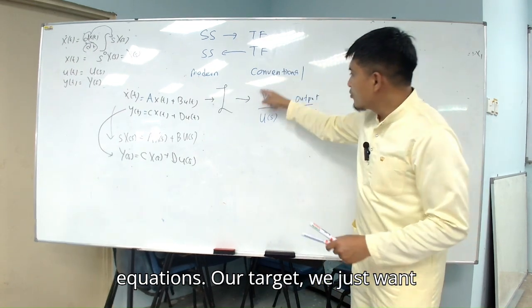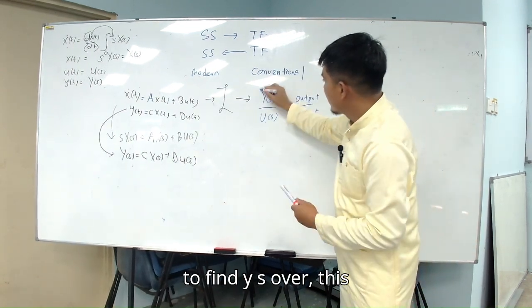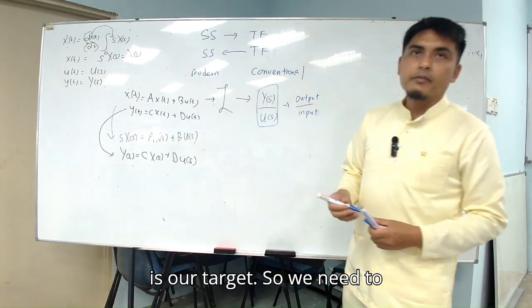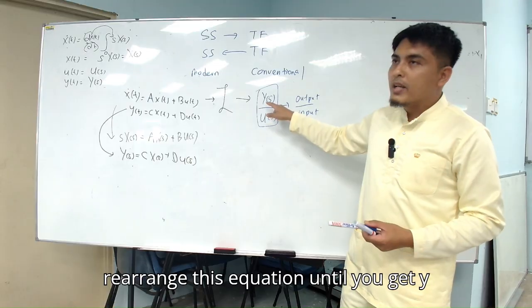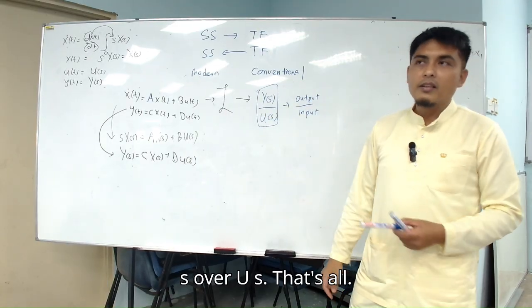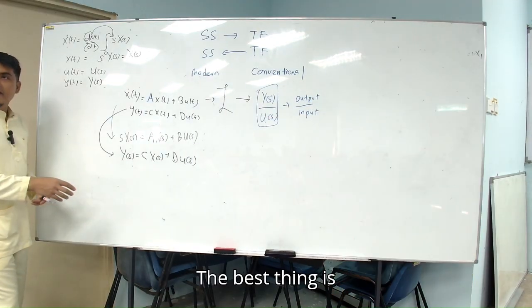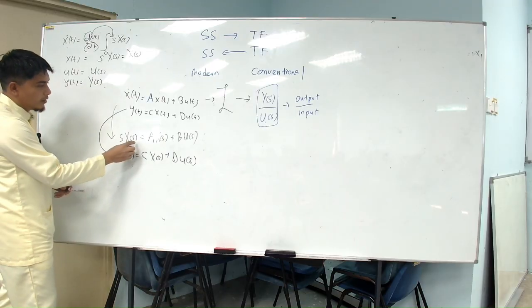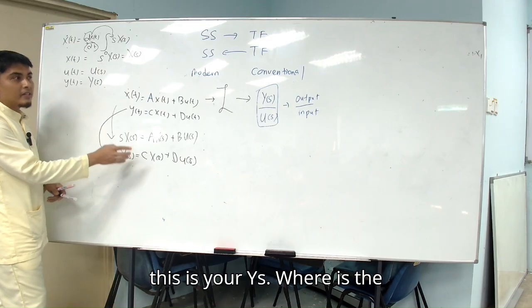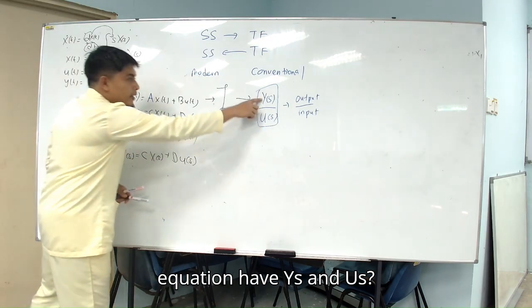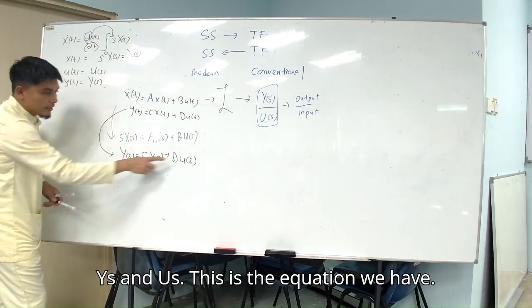Our target, we just want to find Y(s) over U(s). So we need to rearrange this equation until you get Y(s) over U(s). That's all. The best thing is, this is your Y(s), right? Which equation has Y(s) and U(s)?